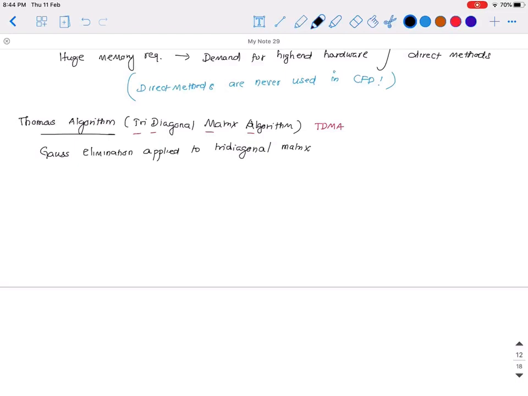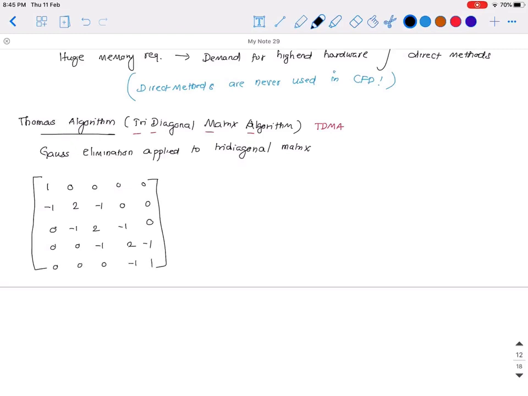Remember that the discretization of the steady one-dimensional heat conduction problem led to the following. We considered 5 nodes and we got a 5x5 matrix as the system matrix. You can go back and confirm this.